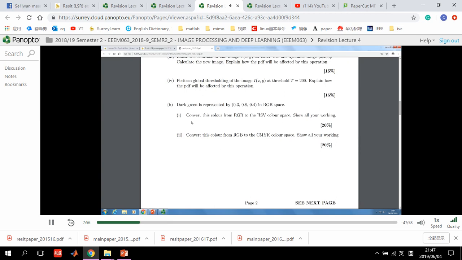In order to do that, we subtract the minimum component. So what is the minimum component here? It's 0.3. So the minimum subtracted colours, let's call that RGB prime, is equal to 0, 0.5, 0.1.